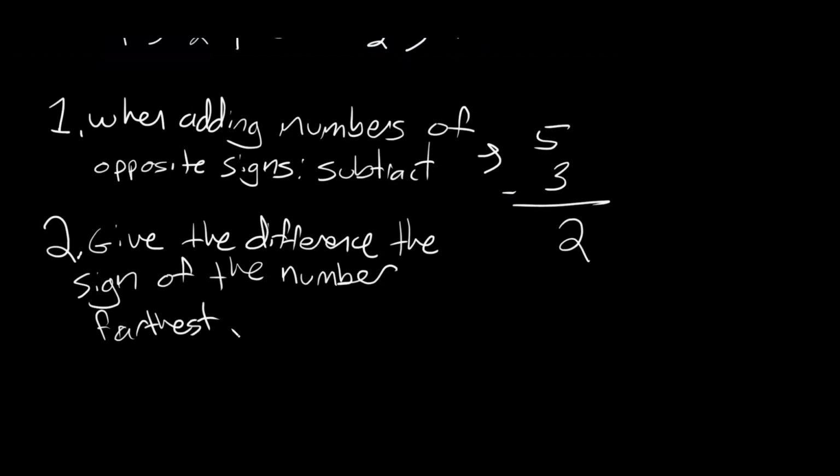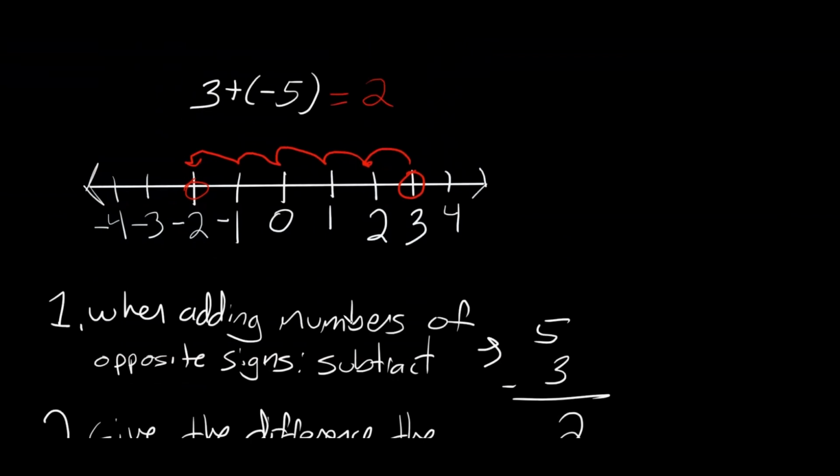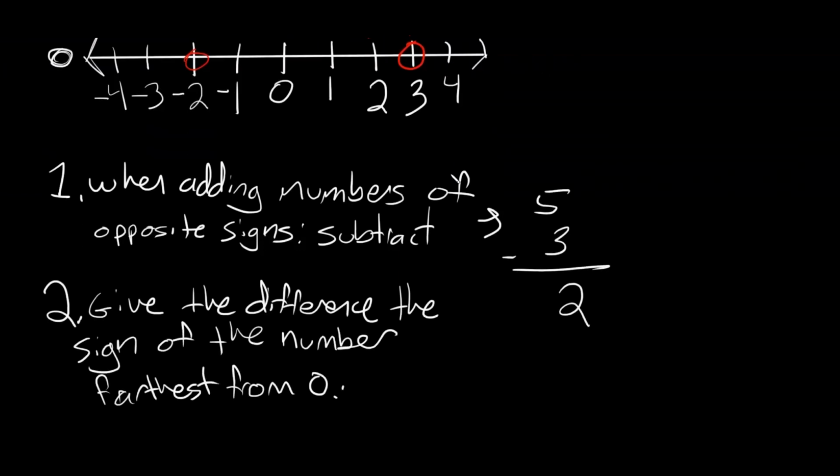The number farthest from 0 in this case was -5, because -5 would have been down here somewhere, right? So we will add on the sign of the -5, since it is the farthest distance from 0.